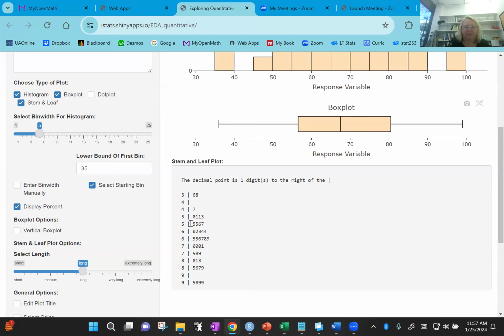The second one represents 55, 55, 56, and 57. So 0 through 4s, 5 through 9s go on the second line of the same stem. But that doesn't look very good. That's too many. It's spread out too much. So for this data we would probably use the medium, and then that looks really nice.